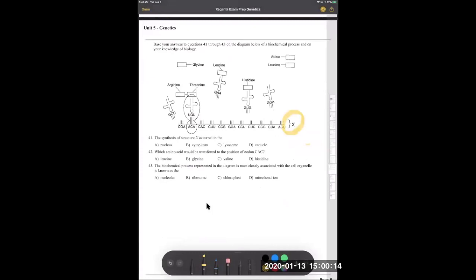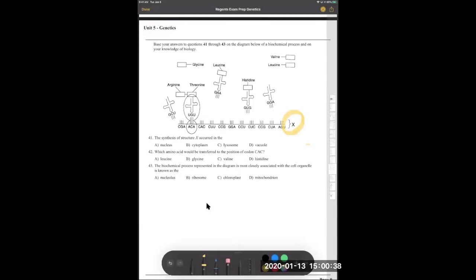The synthesis of structure X occurred in the nucleus, cytoplasm, lysosome, or vacuole. Now, vacuole, we know it does not happen there.